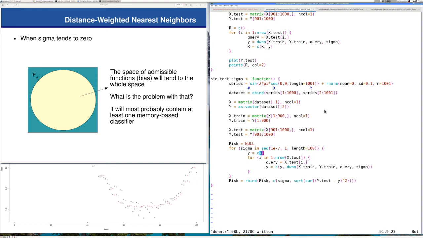And I will test for all those sigmas and compute. Of course, there is a mistake here, sorry. I will compute the risks inside, and at last I will plot sigma versus risks. In the X label I will have sigma, and in the Y label I will have the risk.